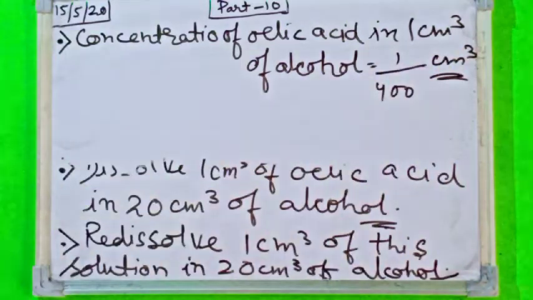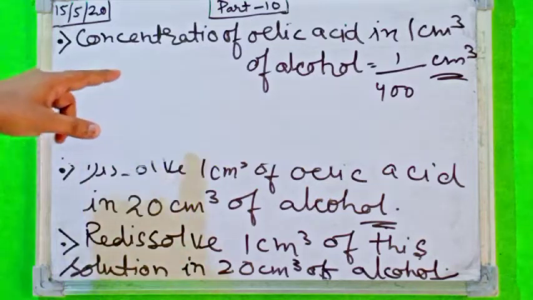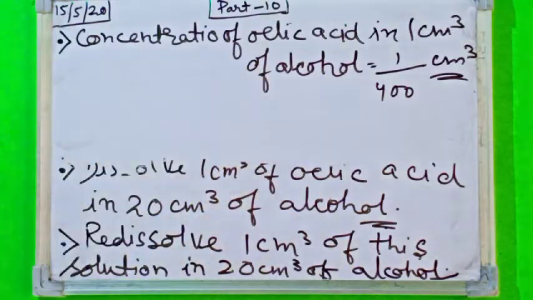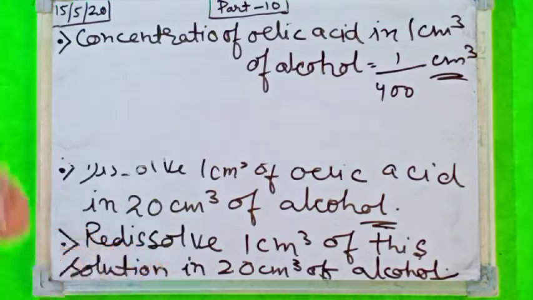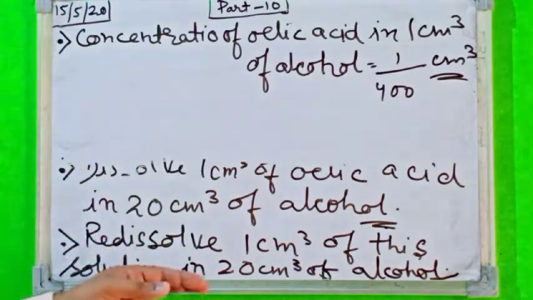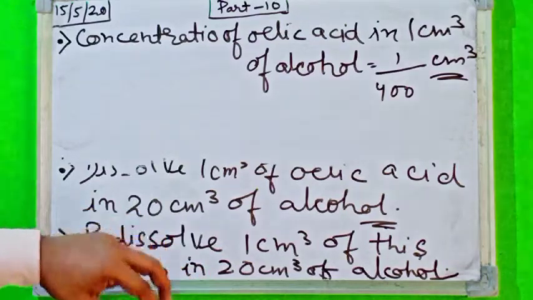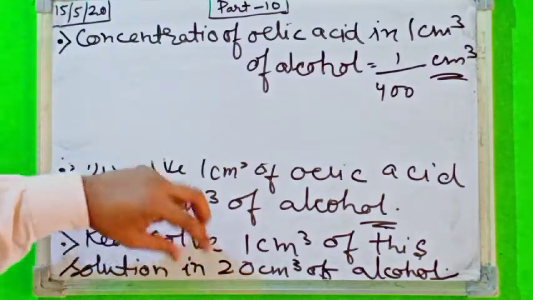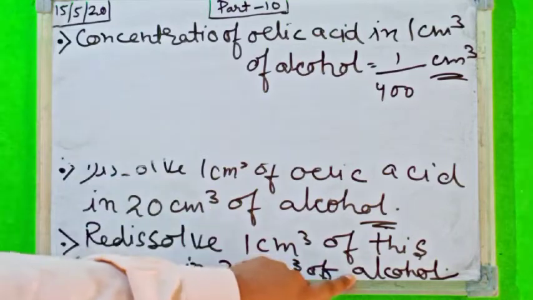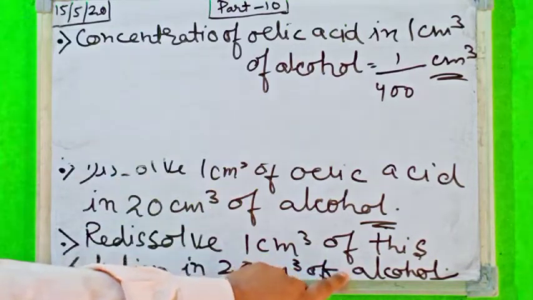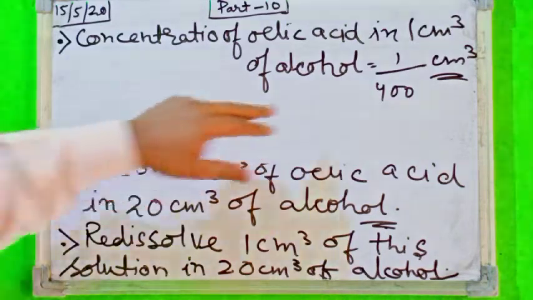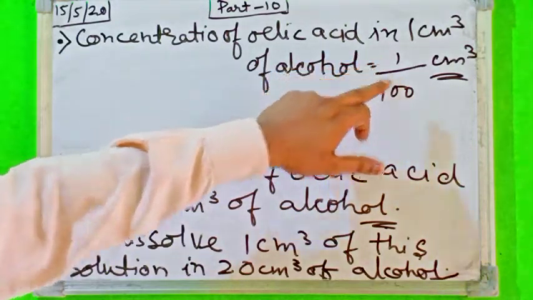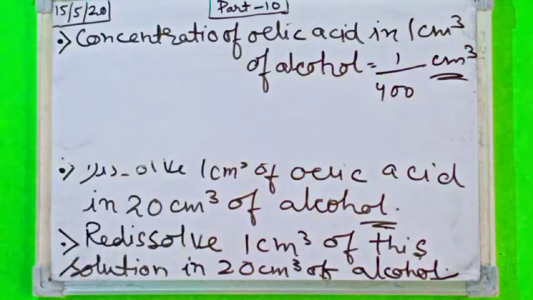So 1 upon 400 centimeter cube is the concentration of oleic acid in 1 centimeter cube of the solution. If we take 1 centimeter cube of this solution, the concentration of oleic acid is 1 upon 400 centimeter cube.